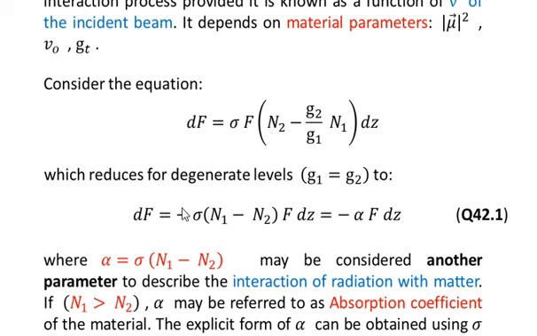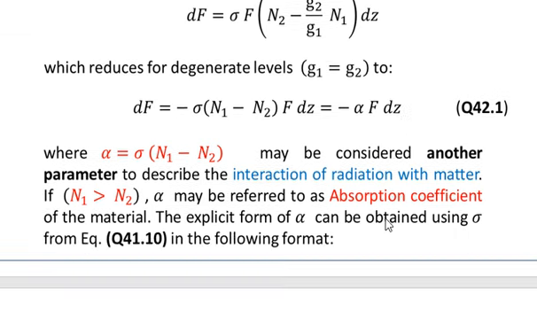Here we have taken a negative sign common, that's why we have written n1 minus n2 instead of n2 minus n1, and then we have introduced the parameter alpha. So the right hand side of equation 42.1 gives dF is equal to minus alpha times capital F and dz, where alpha is equal to sigma times (n1 minus n2), which may be considered another parameter. So you see that here we are introducing another parameter, alpha, apart from sigma.